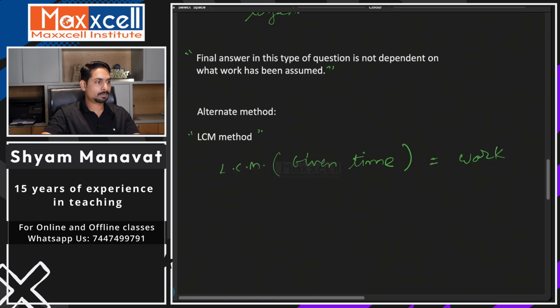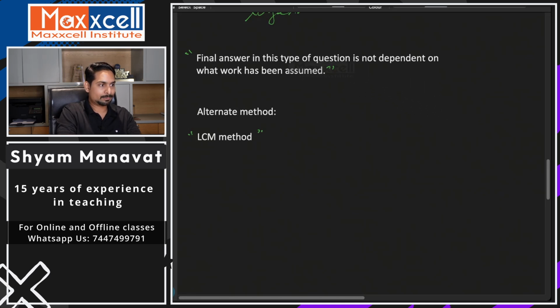Take the LCM of all given time and assume that as work. I hope you are not confused here. This is a shortcut. We are trying to understand a shortcut. We are trying to solve the question by LCM method. You remember this method name, LCM method. So we will assume work as LCM of all given time.